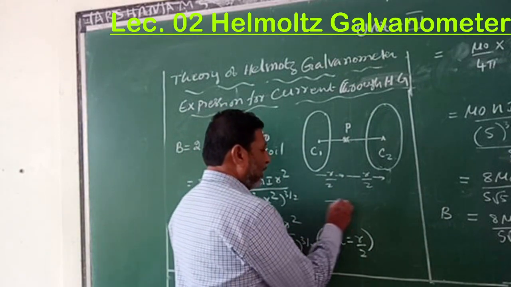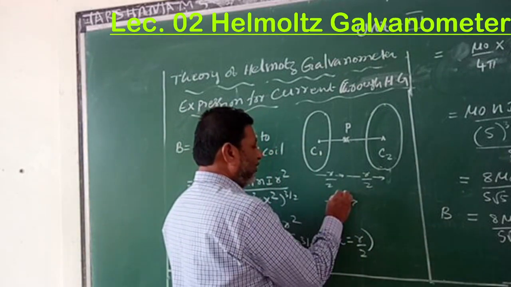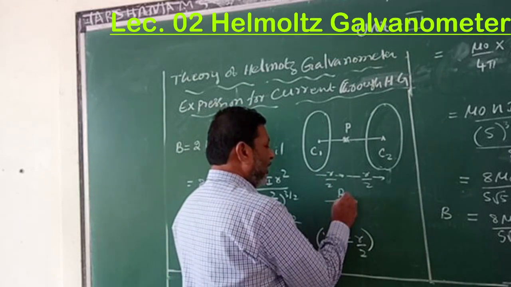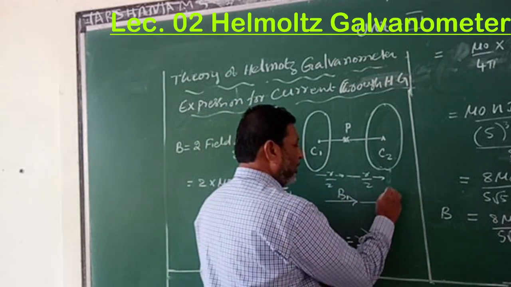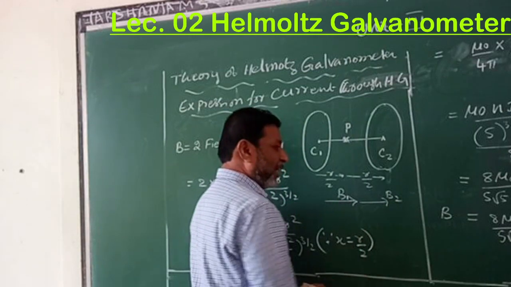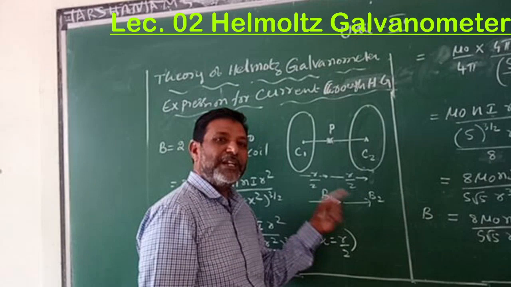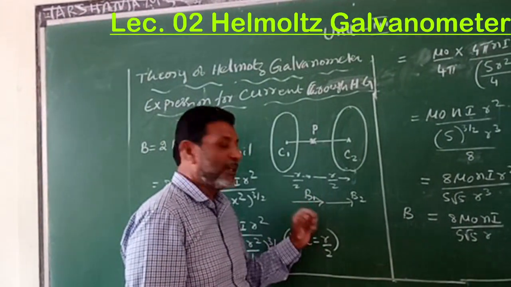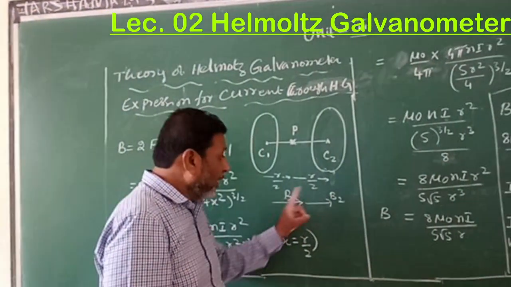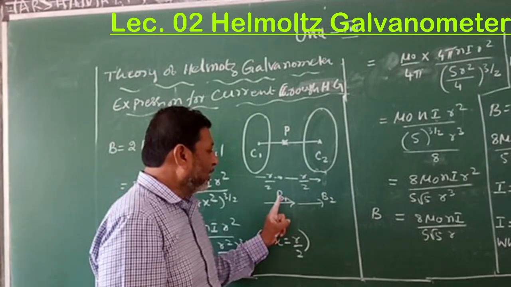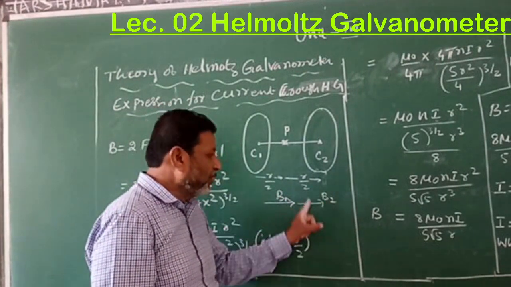If the magnetic field due to C1 is B1 and due to C2 is B2, both are in the same direction. If two vectors are in the same direction, the resultant vector is the sum of the two, B1 plus B2, and they are equal. Whatever the B1 value is, B2 is the same.